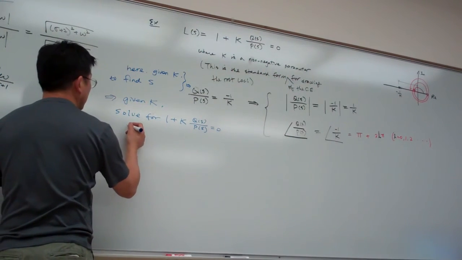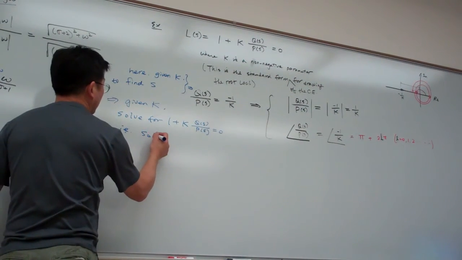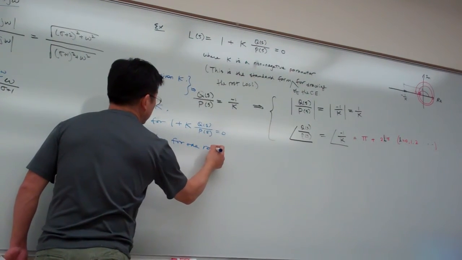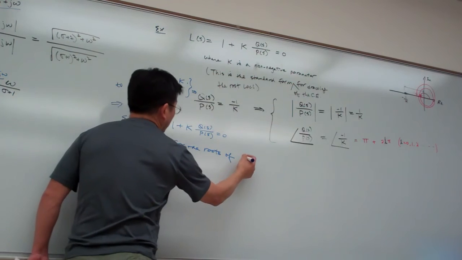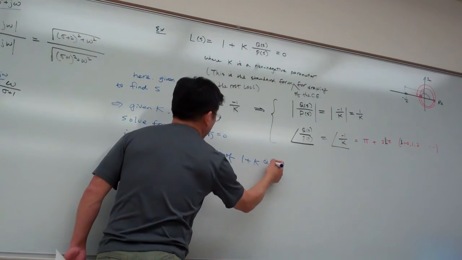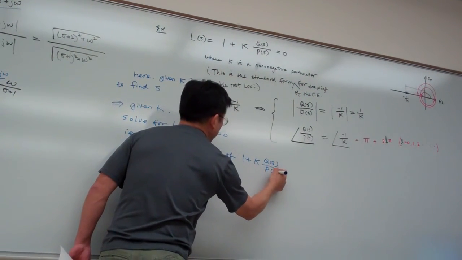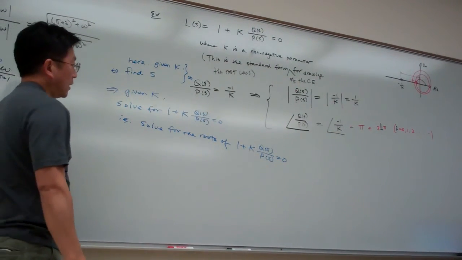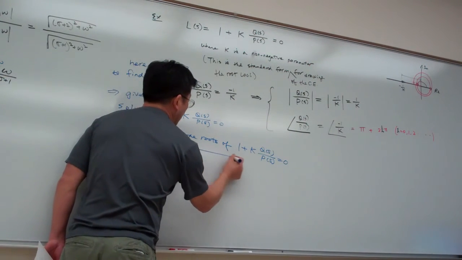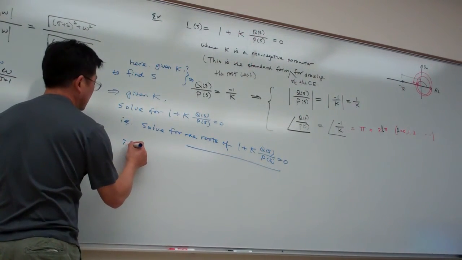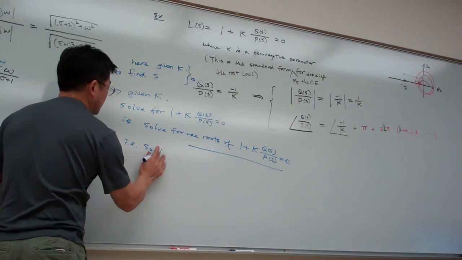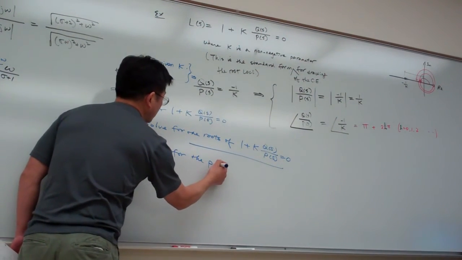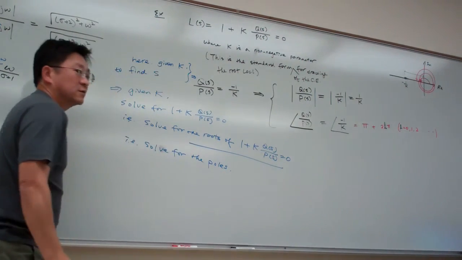So that means solve for the root of 1 plus K Q(S) P(S) equal to 0. Okay. And the root of this one basically is the poles of the system.